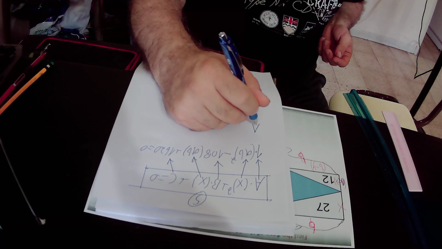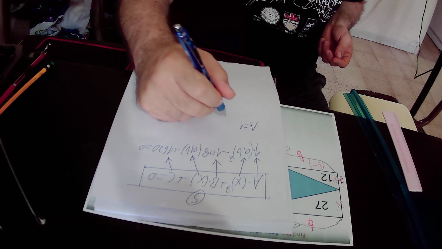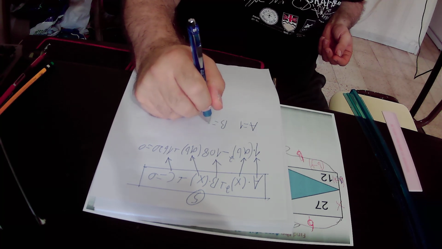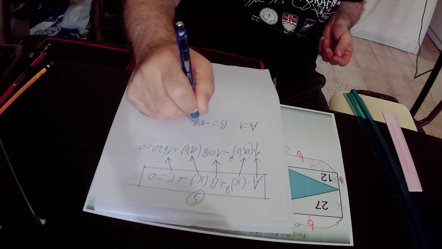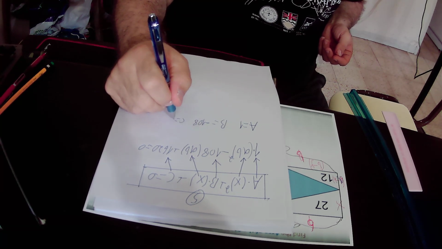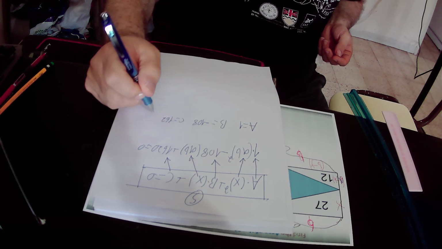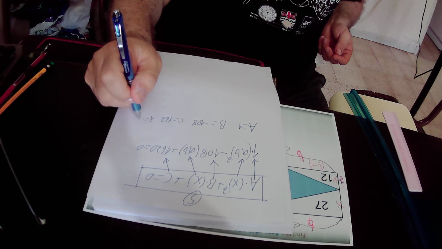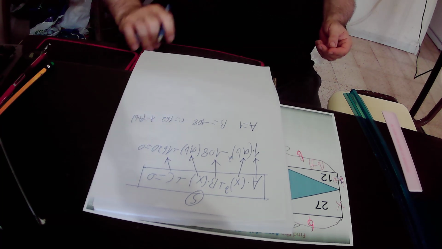As I've already shown you, a equals 1, b equals negative 108, c equals positive 1620, and x equals A times B, and A times B is the value that we are looking for.